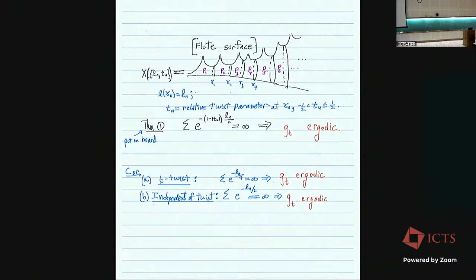Yeah, that's a good question. We don't know. It's geodesically complete, you'd like it to be ergodic. I don't know. But there are examples of infinite type surfaces where the lengths are growing fast and the geodesic flow is still ergodic.